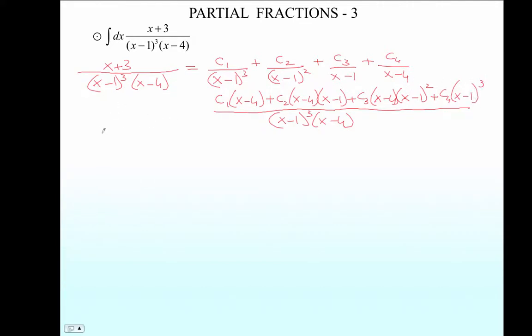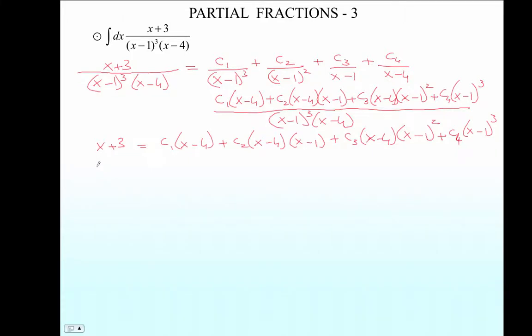The left side and the right side are going to be the same if we can find constants c1, c2, c3, c4. And so let's write that out once again. And you see that x minus 4 multiplies x minus 1 squared, and each power of x minus 1 is increasing as we go along until we reach c4.